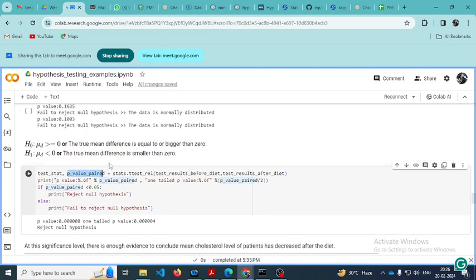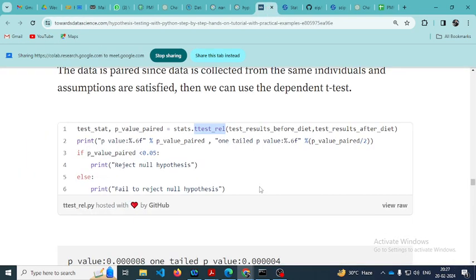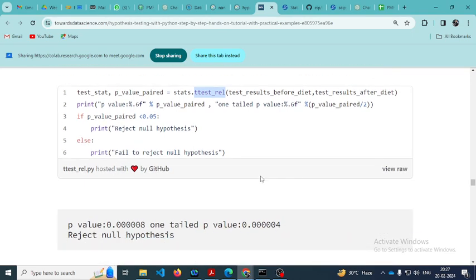Why is it paired? For one individual you are having one value, and for the same individual after some time you are going to have another value. So this is paired data, and you can use the paired test.